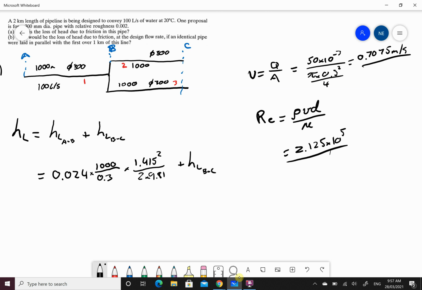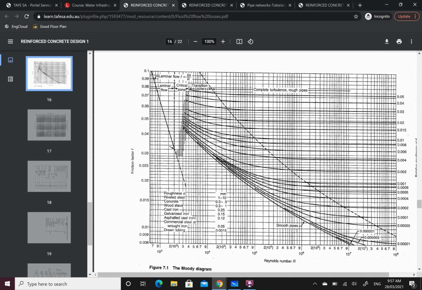Now I can calculate my friction factor using Moody. 0.025, not 0.25. That's from Moody. My relative roughness is the same.